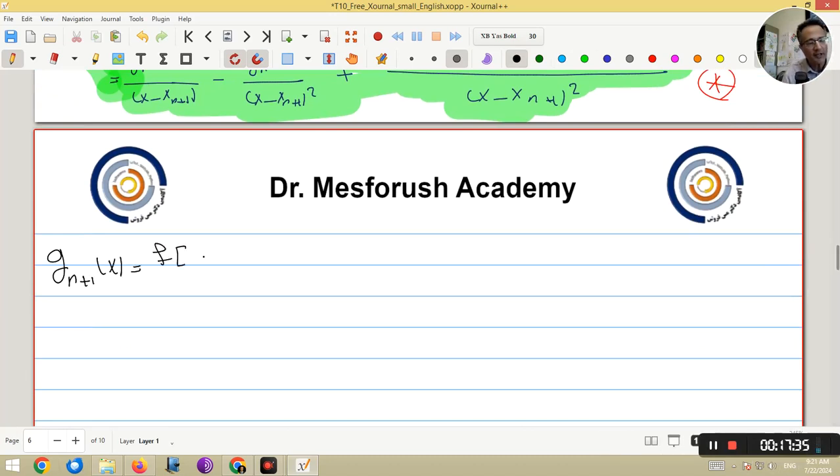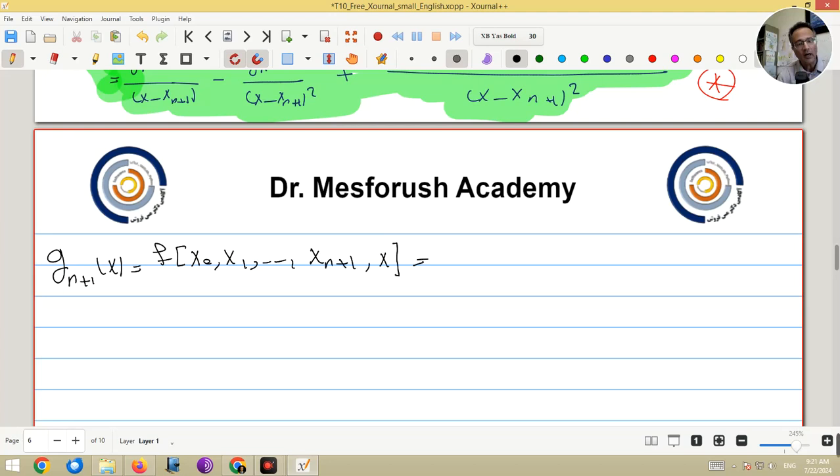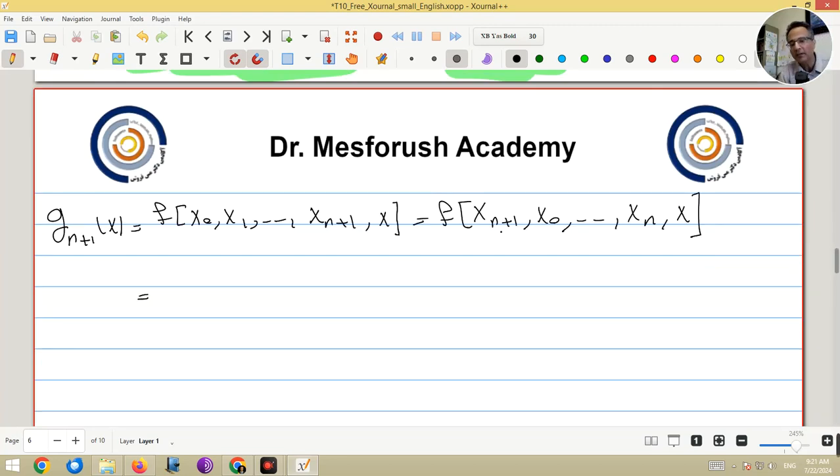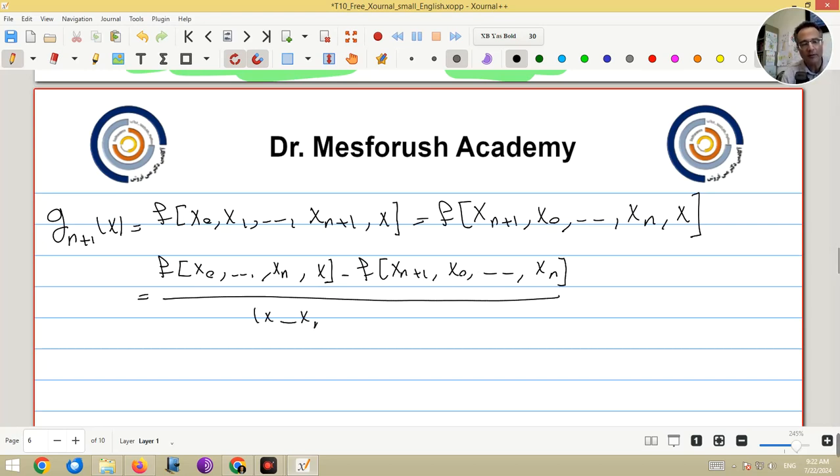By the definition of gn, it will be f[x0, x1, ..., xn+1, x], right? So again, I move xn+1 to the first place, so it will be f[xn+1, x0, ..., xn, x]. Now I write the definition of the divided difference: f[x0, ..., xn, x] minus f[xn+1, x0, ..., xn] over x minus xn+1.